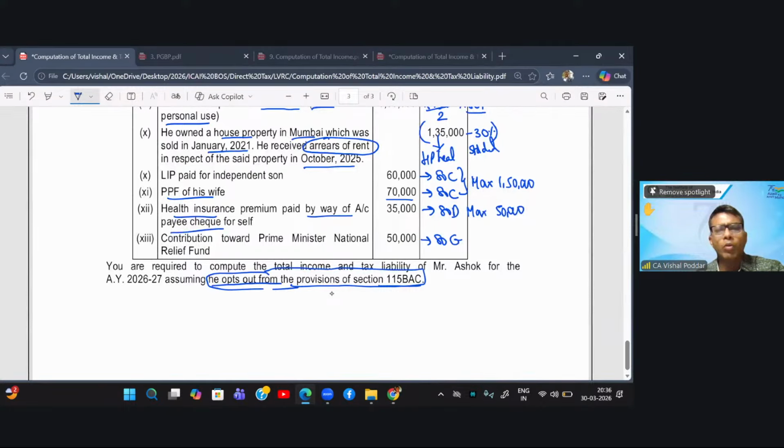So when you say opt out, sir, it means you go to the old regime. Okay, sir. Sorry, sir. Correct, correct. So this is the new regime. Now, since you're opting out, it means you're in the old regime, correct? Okay, sir.